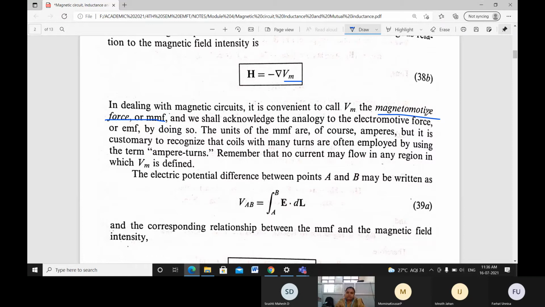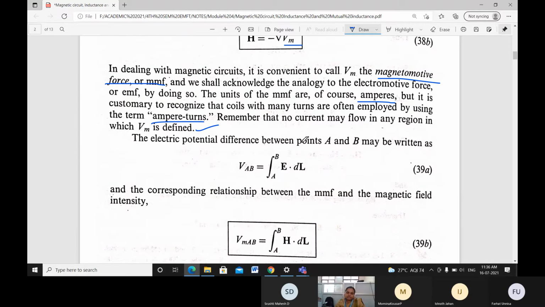The unit for MMF is amperes, but it is customary to recognize that coils with many turns are often employed, using the term ampere-turns instead of amperes, due to the number of turns. Remember that no current need flow in any region in which Vm is defined. It's not that a current should be there.